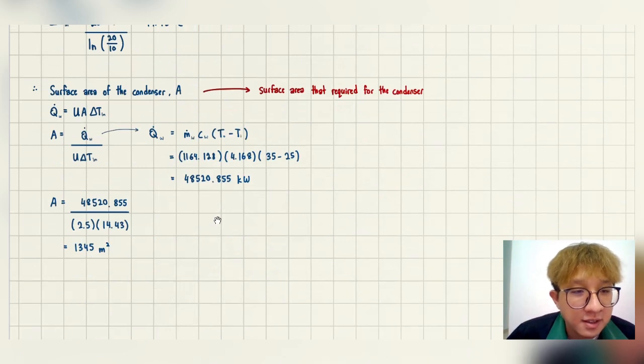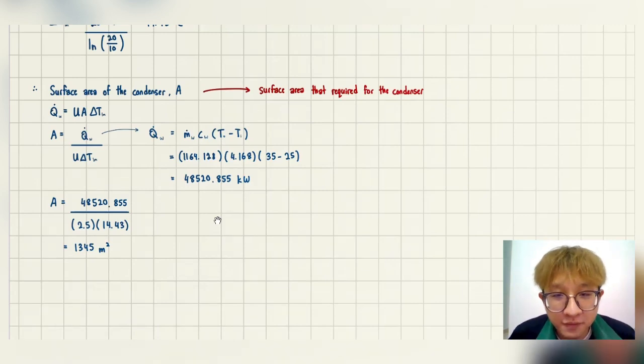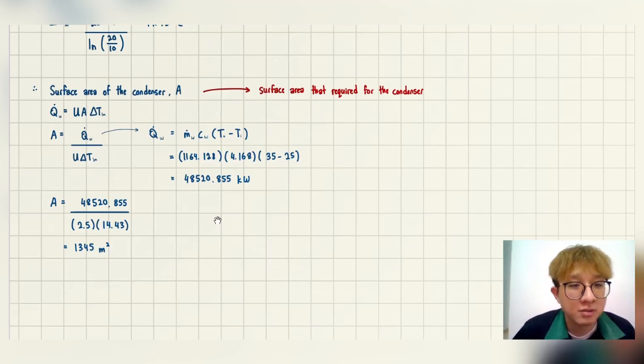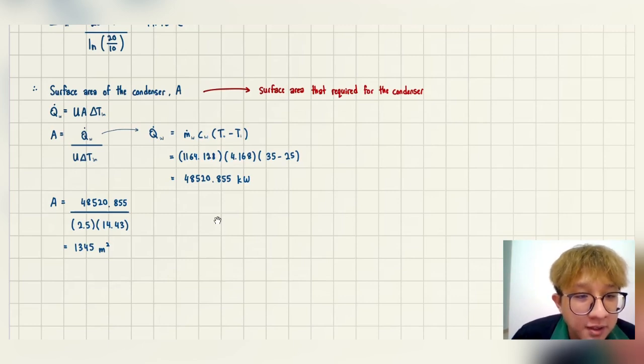For the last, the surface area of the condenser. This is the surface area required for the condenser. The formula is Q dot of cooling water equal to UA multiplied by the logarithmic mean temperature difference.